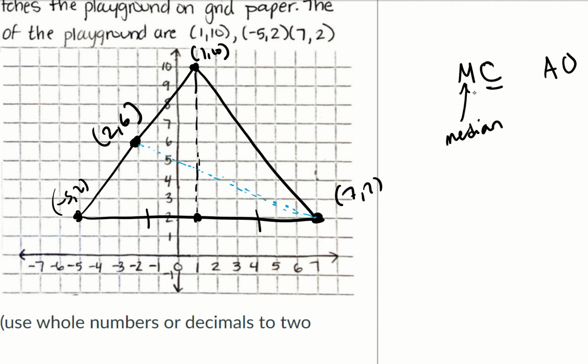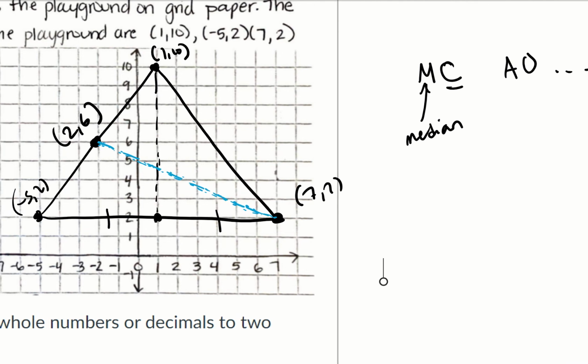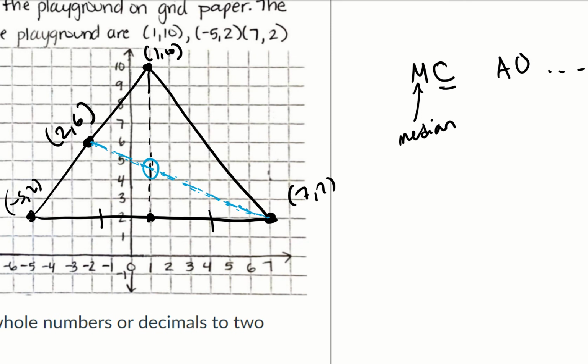So maybe something like that. Okay, and that's going to be my other median. So we got our two medians. Where they cross is going to be my solution. So let's figure out the equation of this median here.